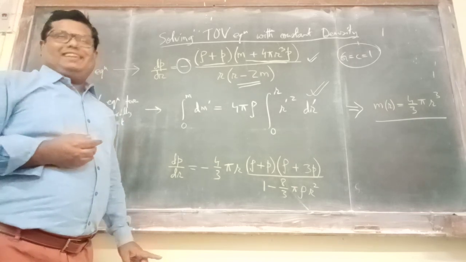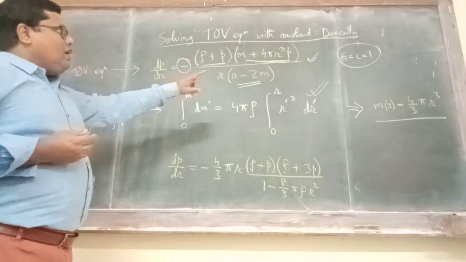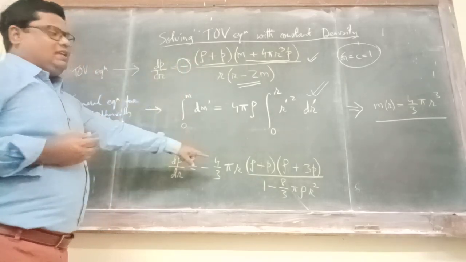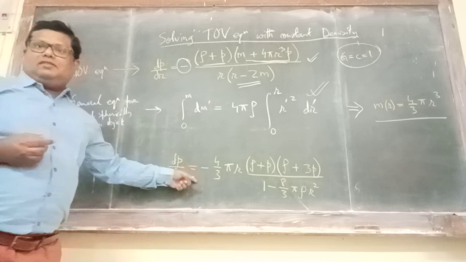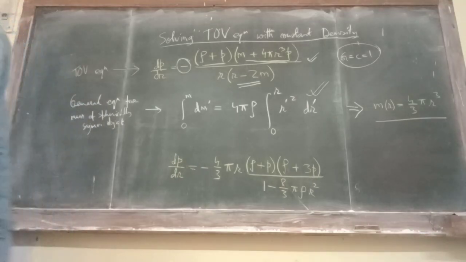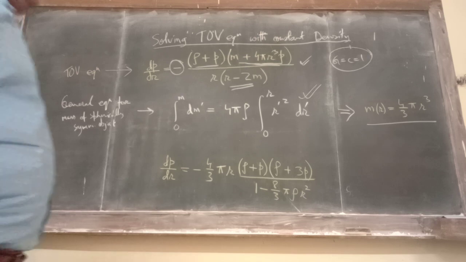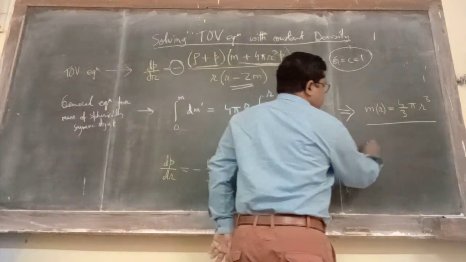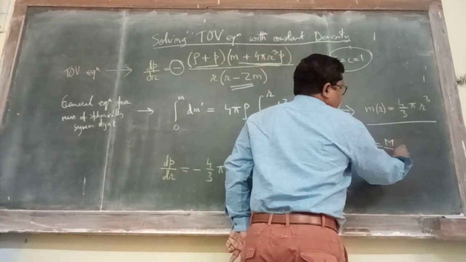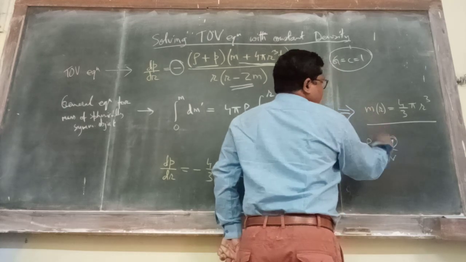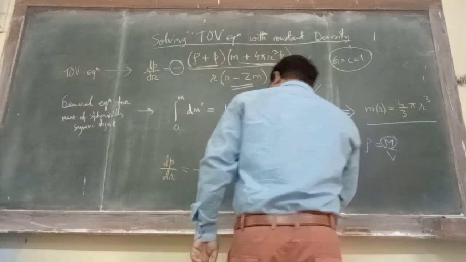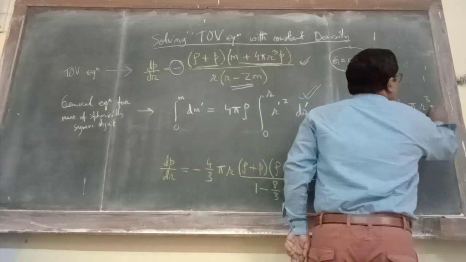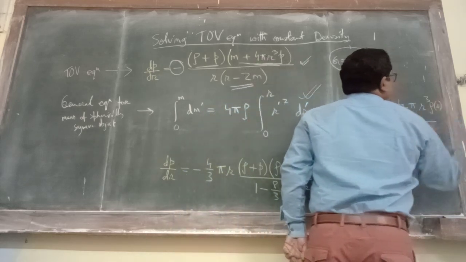Rho into rho. Now try to put this over here and see if you get this result or not. Remember, density is equal to mass by volume, and so mass is equal to density into volume. So we are basically missing this rho over here.